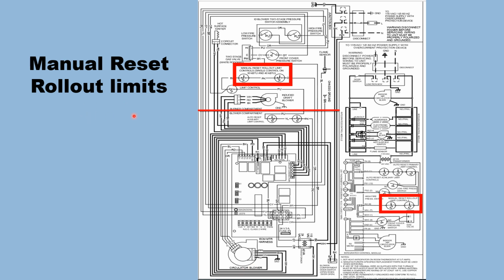Manual reset rollout. Here they are. Just remember that manual reset rollouts are reset manually for a reason. That's a much bigger issue if you've got rollout occurring, because you've got flame rolling out of your burner area, out of your burners, and that can be putting carbon monoxide in the room also.